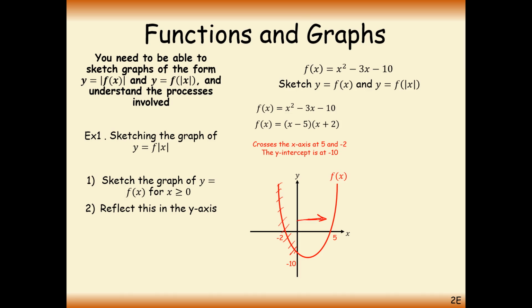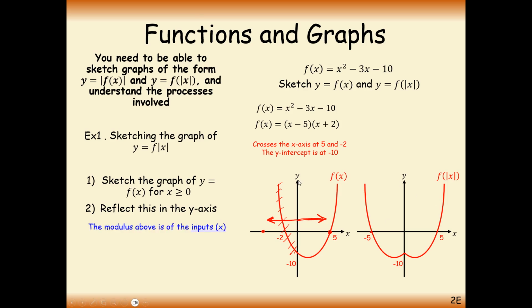So all the values on the right side of the y-axis will reflect to the left, because that's what the function is asking us to do. Take the positive version of the x values. So finally, we will see something like this graph. The positive root 5 will turn into negative root 5. Okay, so let's look at the next example.